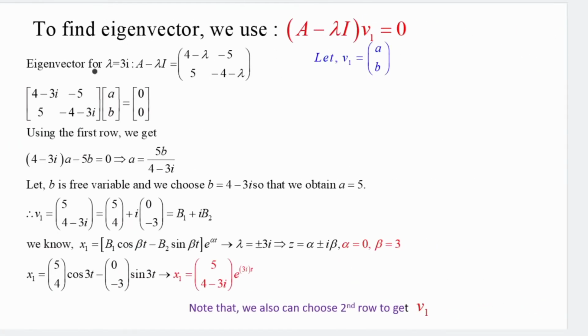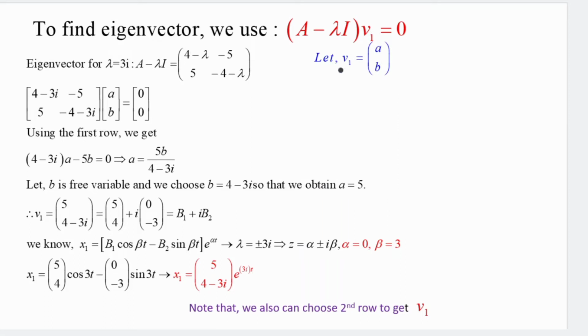Now we will find the eigenvectors for lambda equal to 3i. You know that to find the eigenvectors, we always use (A minus lambda I) times B1 equal to 0. Here A minus lambda I is known, that means 4 minus lambda, minus 5, 5, minus 4 minus lambda, and B1 is an arbitrary column vector.